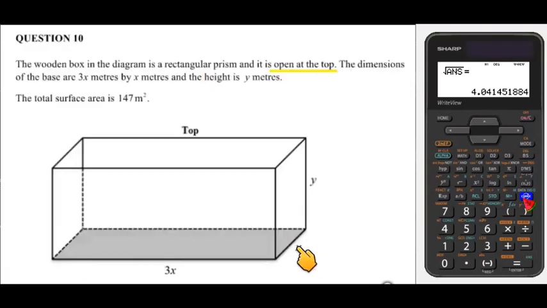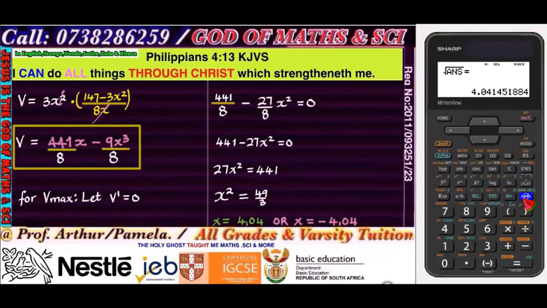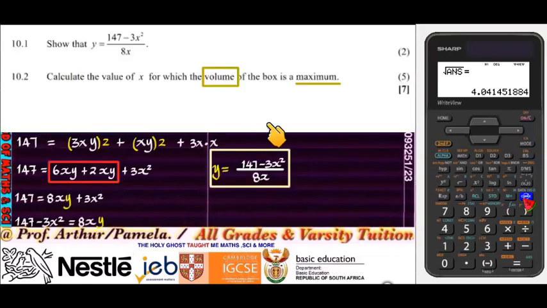There is no way this can be negative because it's a length, so we discard that one. This is invalid. The positive one is the only valid one, in meters. That will be the answer for that one. So we're done with this one here.